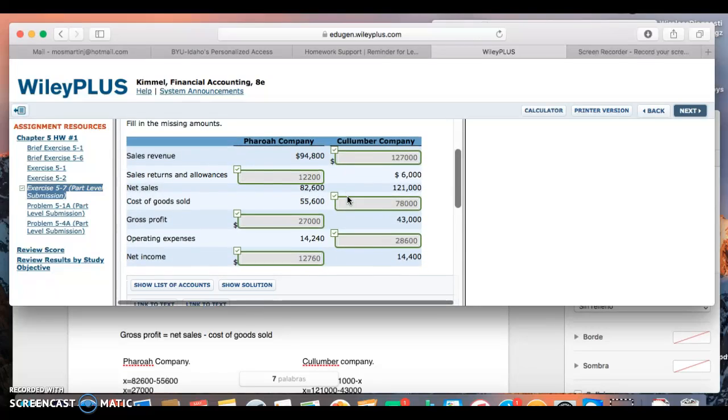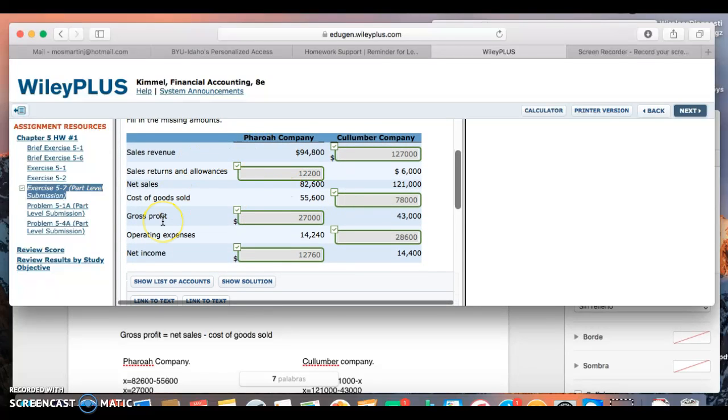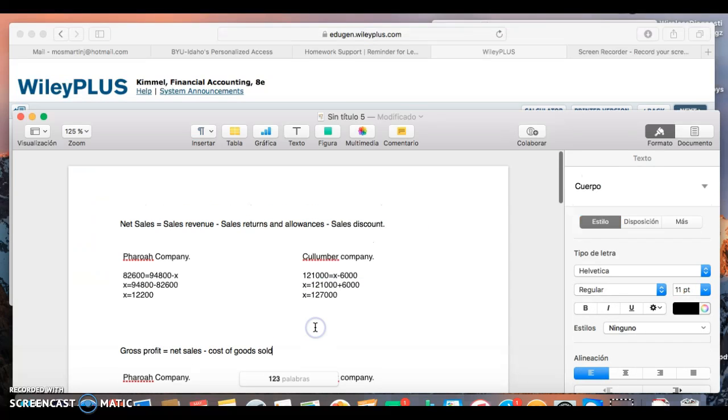The first part of this problem is about arithmetic. We need to find the blank spaces. In this case, we will use three formulas for every couple of blank spaces. So let's get to the calculations.